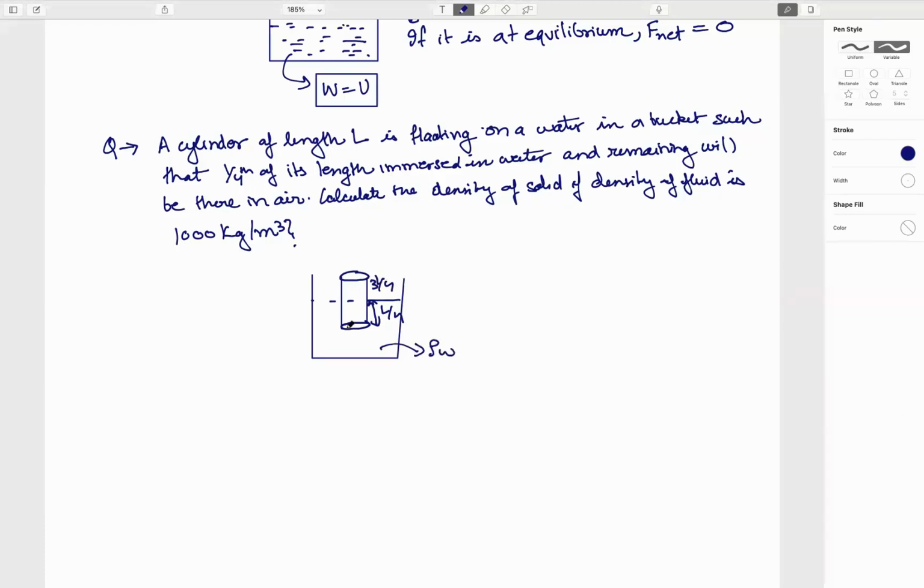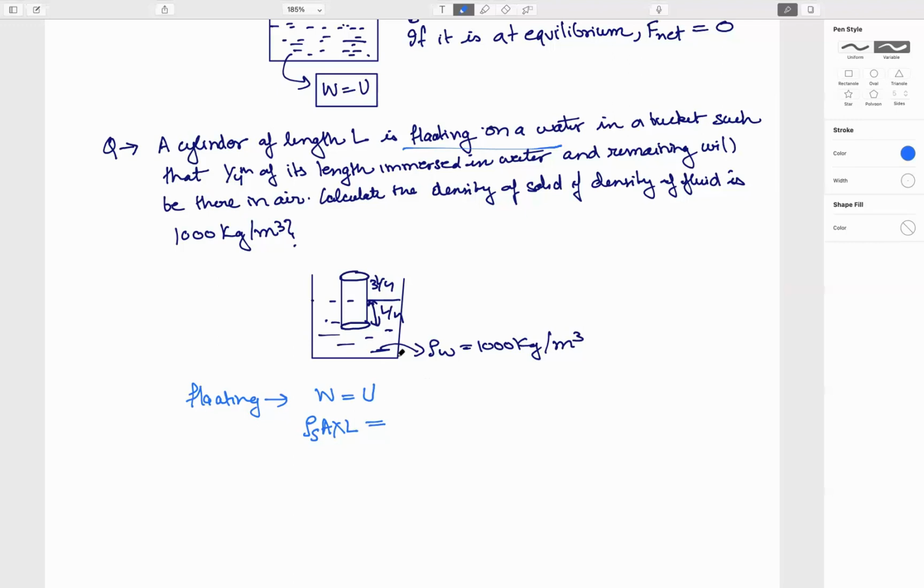Rho water is 1000 kg per meter cube. We need to calculate rho solid, and it is clearly mentioned that it is floating. When it says floating, it means the weight of this cylinder is equal to the upthrust. Weight of this cylinder is rho solid into area into length, equal to the upthrust.